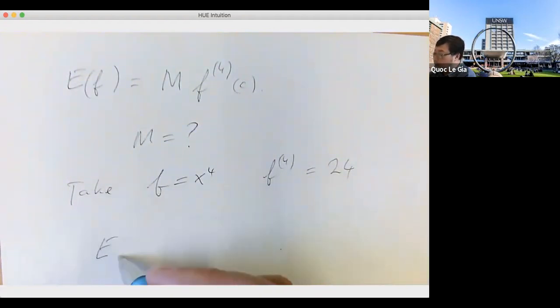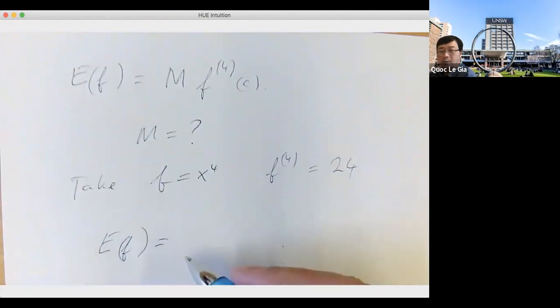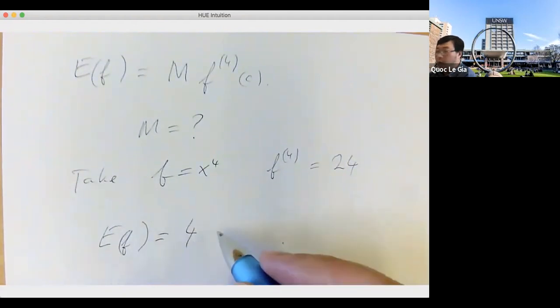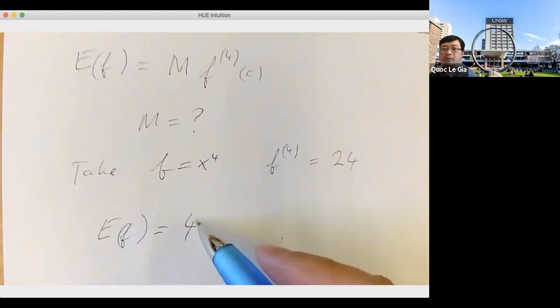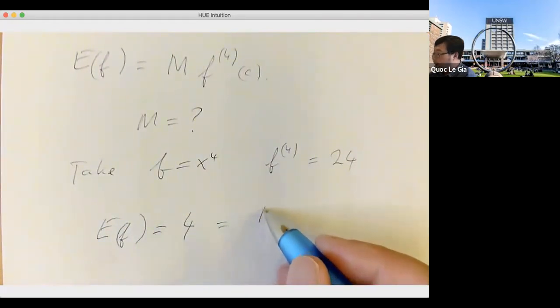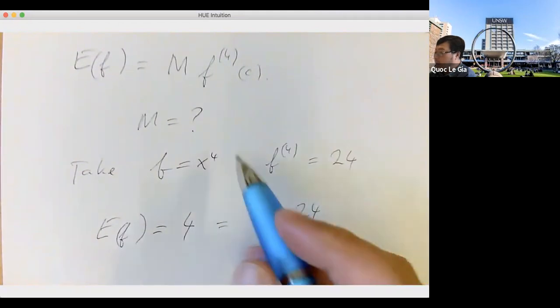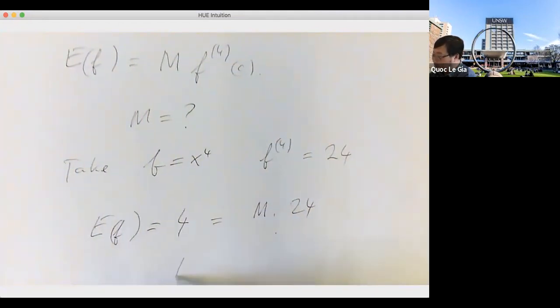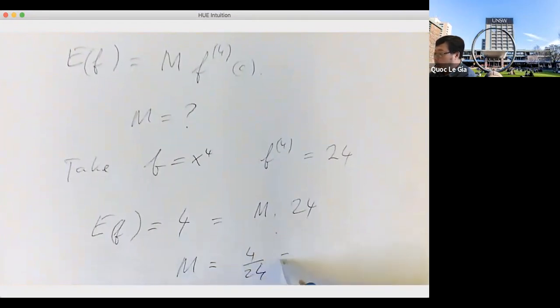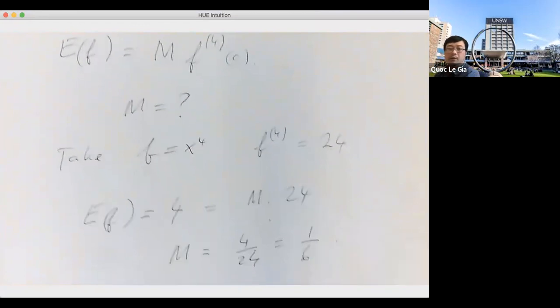So then EF is just equal 4. We did it before, right? In the previous calculation, when you put x equal 4, error just equal 4 and equal M times 24. Because it's 24, therefore M is just 4 over 24. It's 1 over 6. That's it.